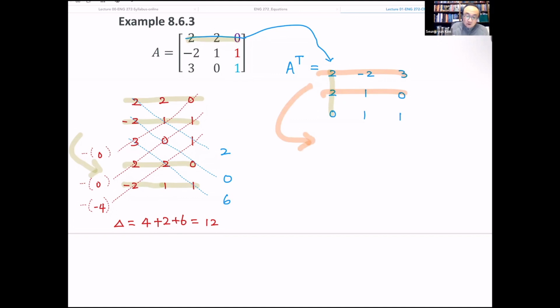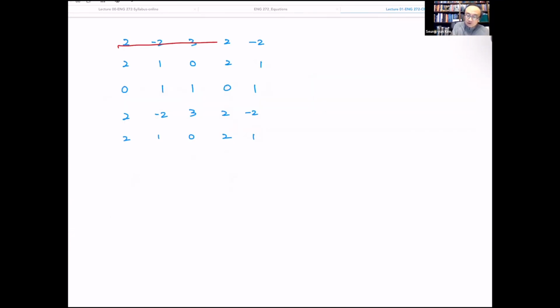Then top two rows, just like what we did for the delta, copy down the top two rows at the bottom. And we're going to copy the first two columns to the right-hand side: 2, negative 2, 2, 1, 0, 1, 2, negative 2, 2, 1. And then we cross out the first row, first column.